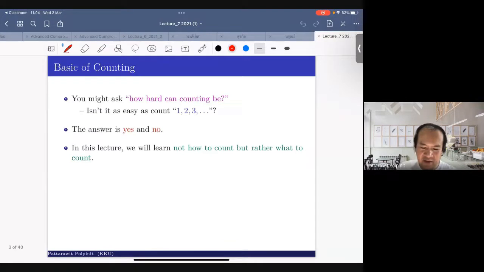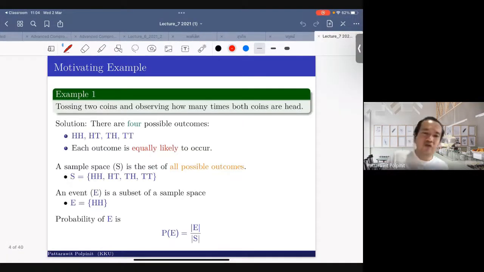Probably everyone knows how to toss a coin, right? The example is this. Let's say that you want to toss 2 Thai baht coins. The possible outcome of tossing one coin is head or tail, right? I will use the letter H for head and the letter T for tail.